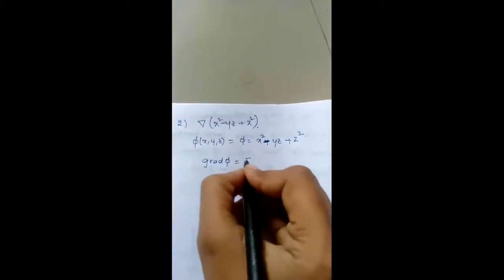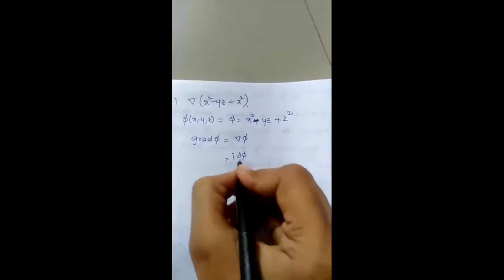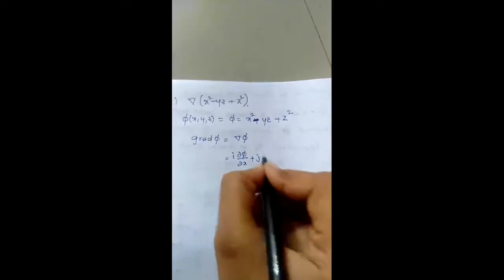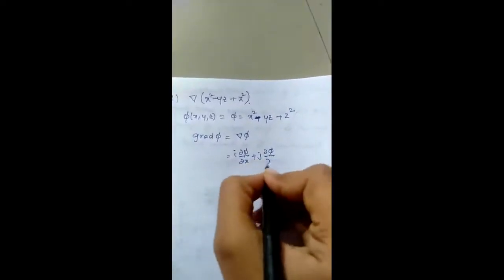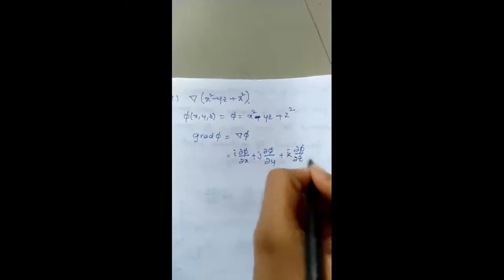Grad phi is equal to i bar dou phi by dou x plus j bar dou phi by dou y plus k bar dou phi by dou z.